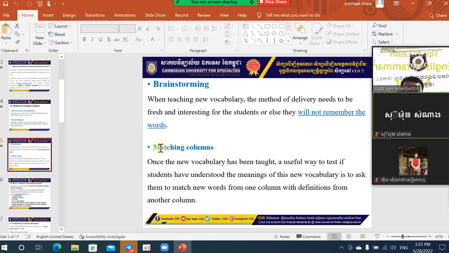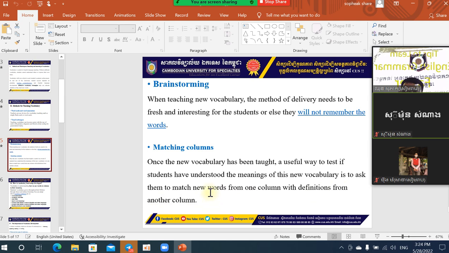And for matching columns, once the new vocabulary has been taught, a useful way to test if students have understood the meanings of this new vocabulary is to ask them to match new words from one column with definitions from another column.